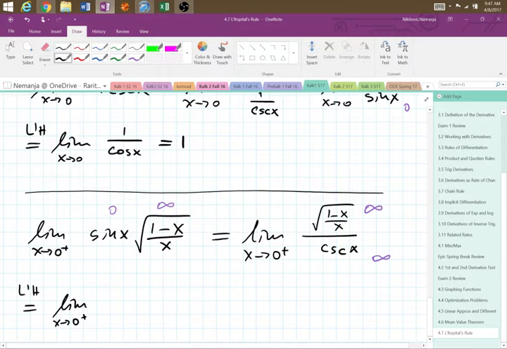And now we take derivatives. What's the derivative of cosecant? Very good. Negative.